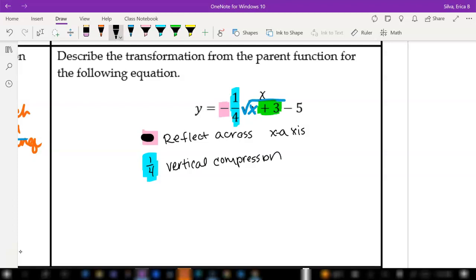Remember that x lies. 3 is inside the radical with the x, so that means my h is equal to negative 3, and that tells us it's going to left shift 3. And then this negative 5 is going to be my k, and k doesn't lie, so we're going to downshift 5.